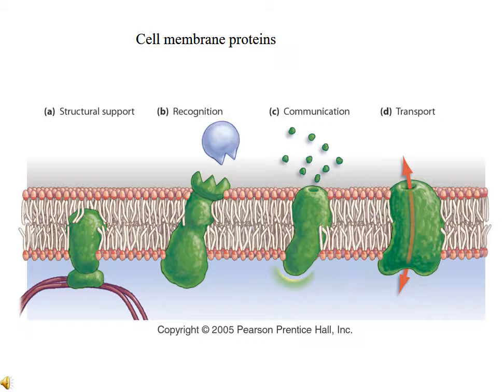And finally, to your right, we have transport proteins. We will talk about transport proteins in a little more detail in a moment, but the transport proteins, as you might expect, are designed to facilitate the movement of molecules into and out of a cell.